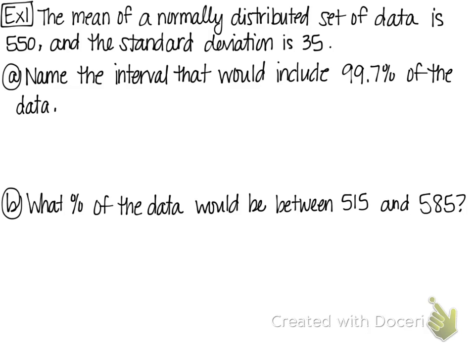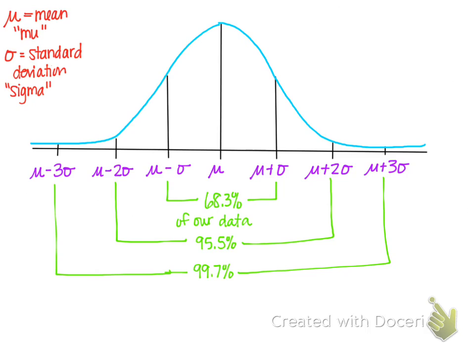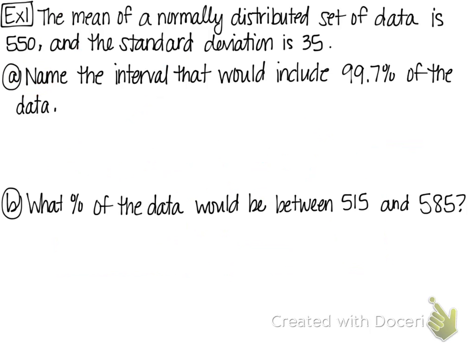So let's take a look back at our normal curve. 99.7% of the data, that's this percentage right here. So we're going to be looking for what mu minus 3 times sigma is and mu plus 3 times sigma is. And that's going to be our interval. So we want to do between mu minus 3 sigma and mu plus 3 sigma.